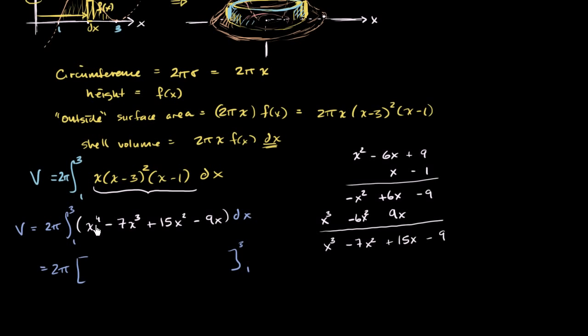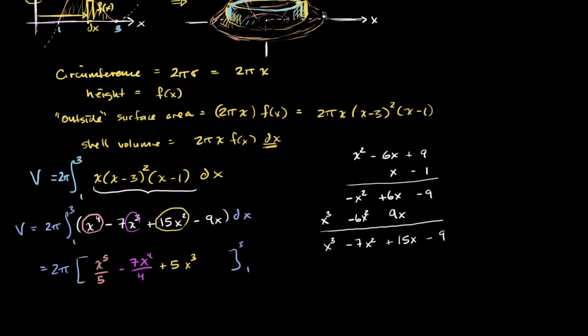So the antiderivative of x to the fourth is x to the fifth over 5. The antiderivative of x to the third is x to the fourth over 4, and we're going to multiply that times negative 7. So it's negative 7x to the fourth over 4. And then the antiderivative of 15x squared is 15 times x to the third over 3. 15 divided by 3 is 5, so it's plus 5x to the third.